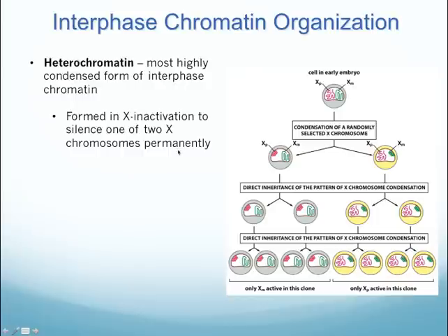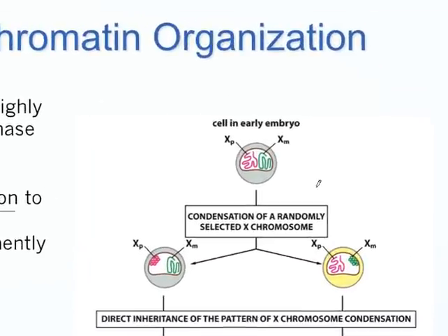And the first example is a phenomenon that's called X inactivation. Okay? And this is essentially gene silencing of X chromosomes in females. So if you have a fertilized embryo here, okay, you get basically an X from your dad and an X from your mom.